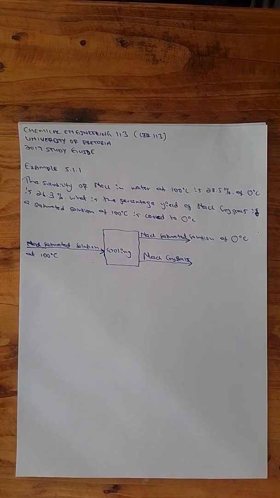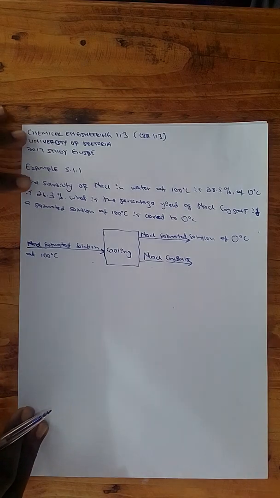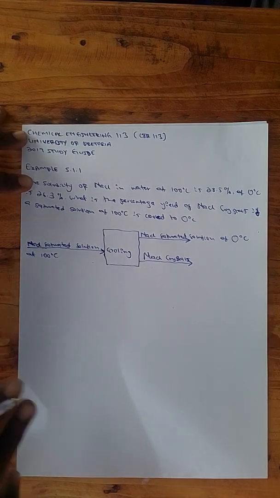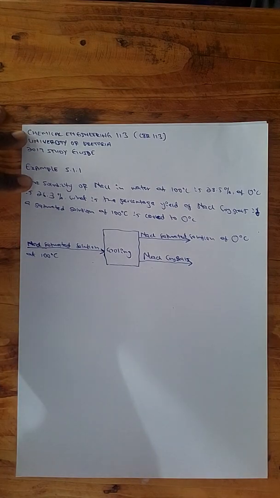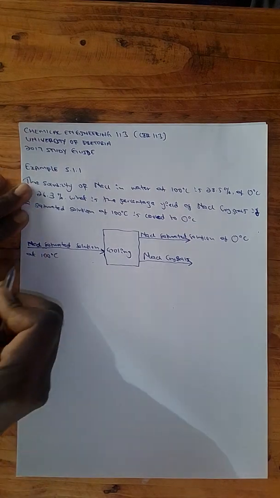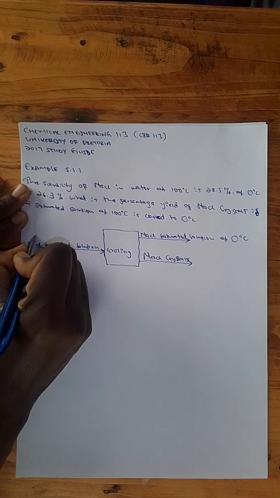Another important thing, which is very common when you solve problems of this nature, or when you deal with mass balance, is that you always want the tie compound. A tie compound is usually a compound that enters the system in one stream and leaves in the next stream without reacting. We can actually analyze the water.